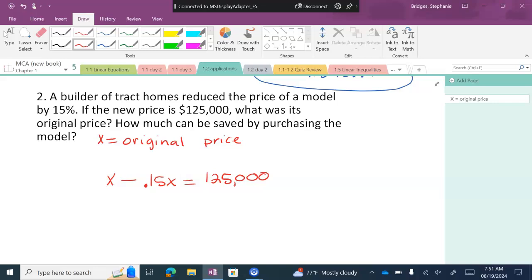And again, we're using normal rounding rules. Even though it's money, they usually round up, but we're going to stick to rounding normally. We are talking about money, so make sure you give the cents.